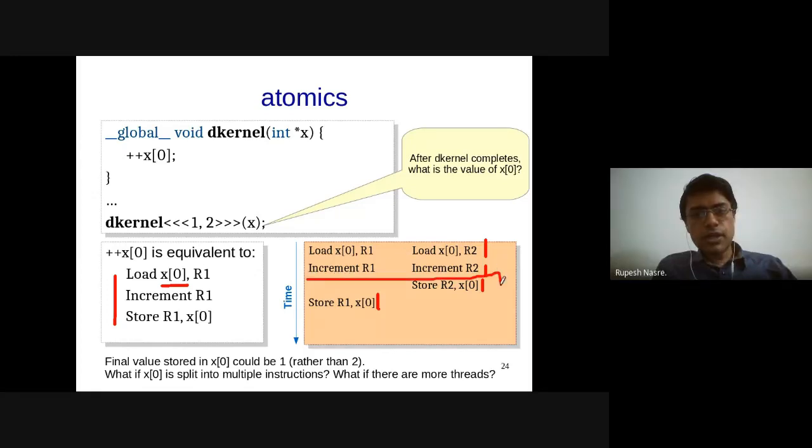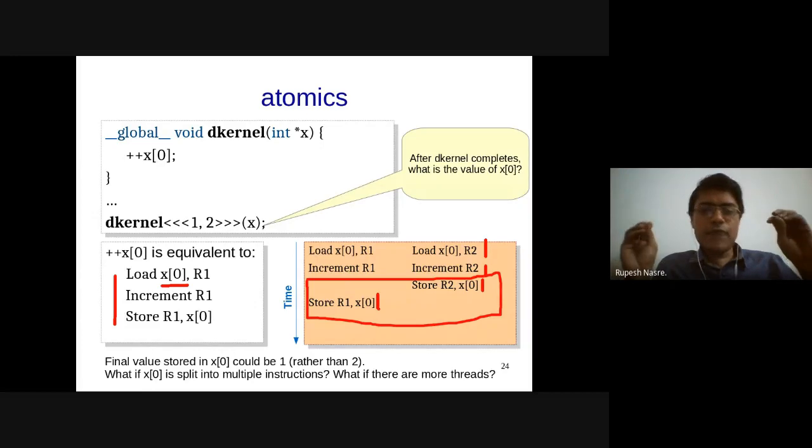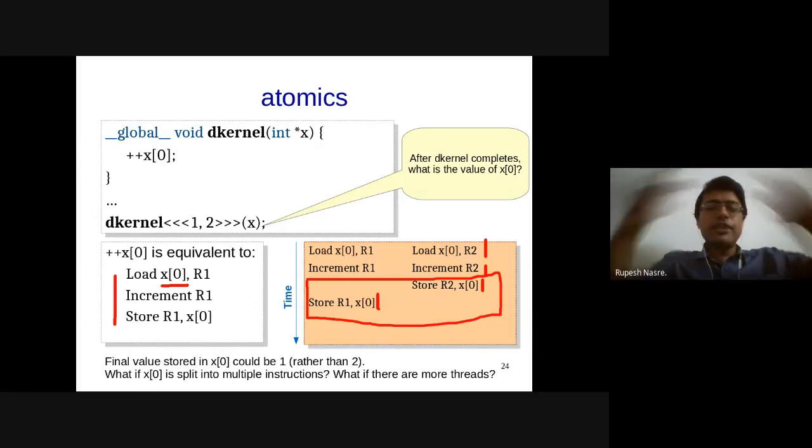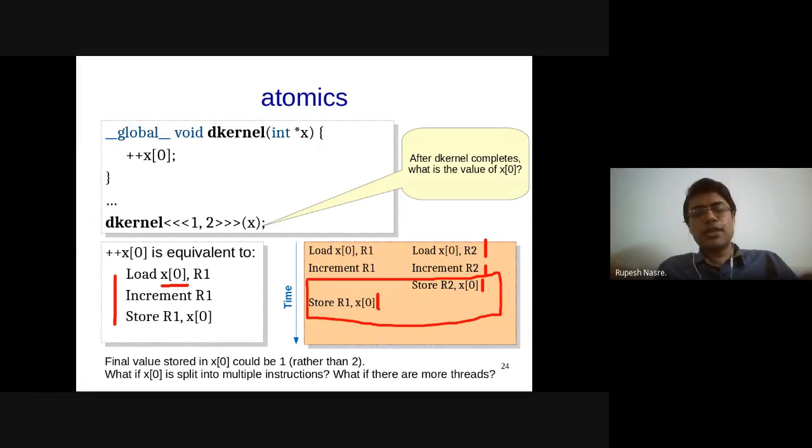So this part is going to be executed together. Both these stores will get executed together, but because of that, the value will never be 2. You will always get the value as 1, which is also wrong. Both these stores are going to store the same value 1 because they have incremented it separately into their registers.